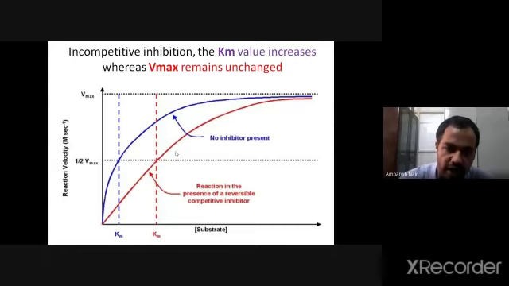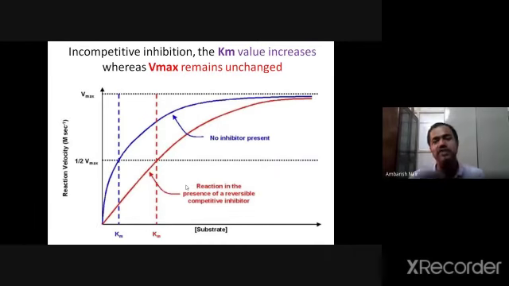The red line is the same reaction in the presence of a competitive inhibitor. Instead of a rectangular hyperbolic curve, it is slowly turning toward a straight line. Not exactly a straight line, but a lesser rectangular hyperbolic curve.